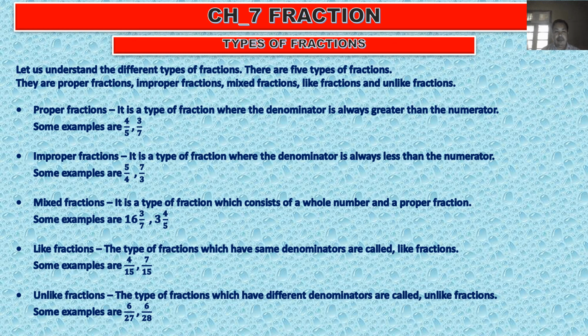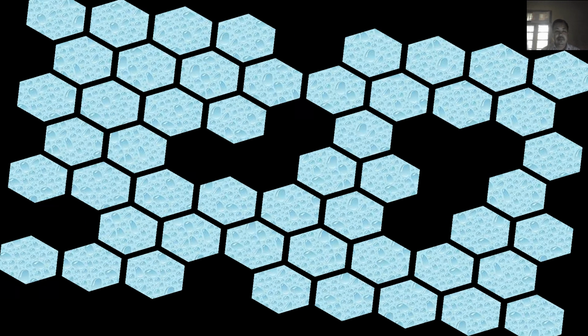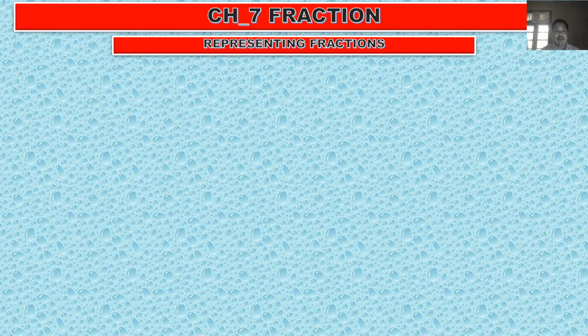The next part of the lesson is representing fractions. So how can we represent fractions? Here you will find a diagram. A fraction can be represented using numbers or figures or even words.